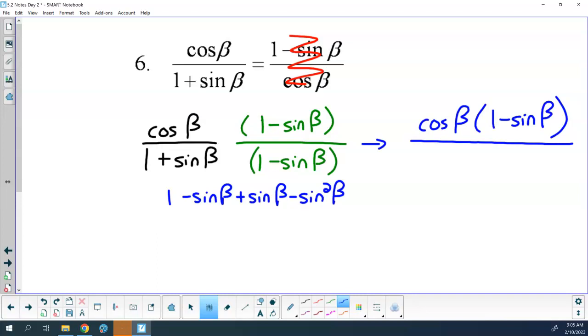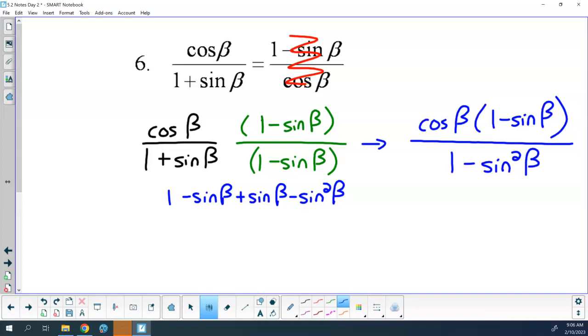Which is 1 minus sine squared. Okay. Right? One minus sine squared of beta.